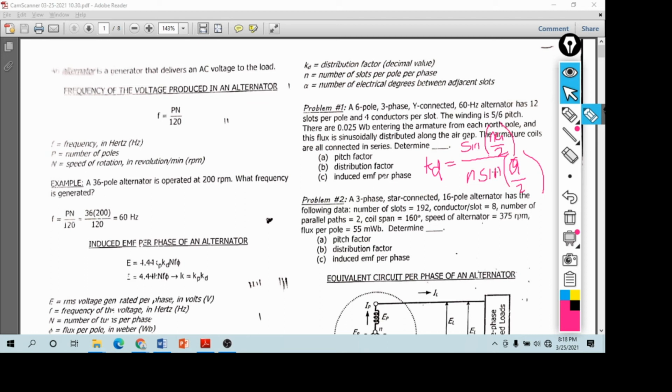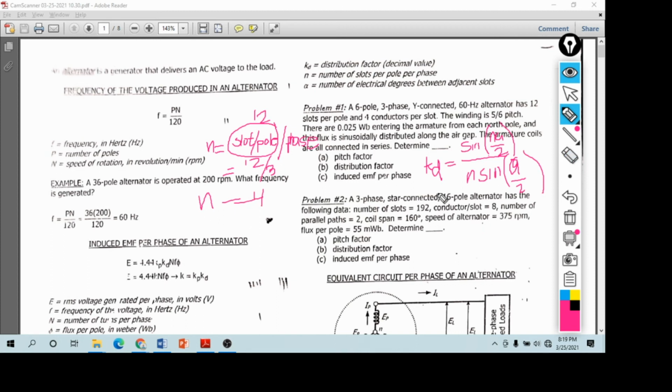So that is 12 divided by 3. Therefore, n is equal to 12 divided by 3, which is equal to 4. That is your n.